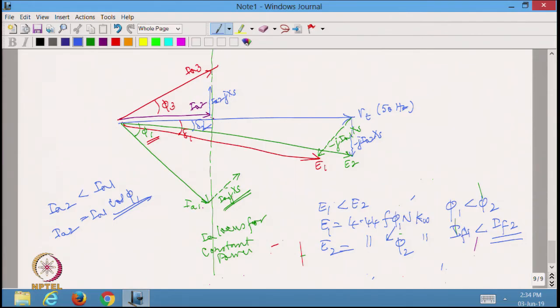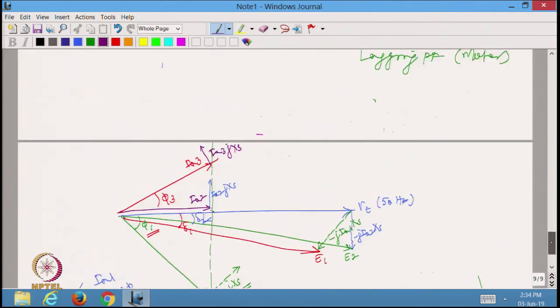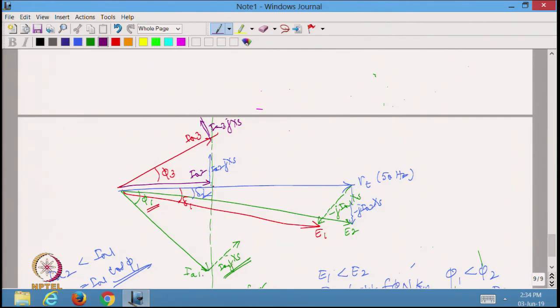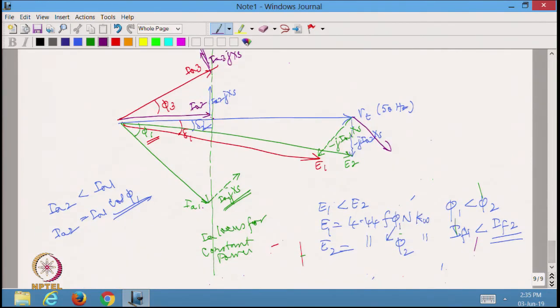Let me look at the leading power factor zone as well. In the leading power factor zone, I should have had IA3 jXS somewhat like this. So, I should have had it like this, it should have been longer actually, right. Correspondingly, I should have drawn this particular quantity, which is minus jIA3 XS, this is that quantity.